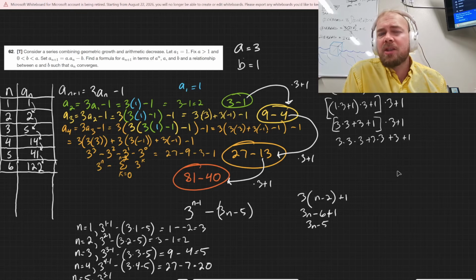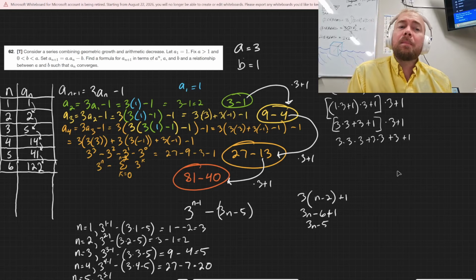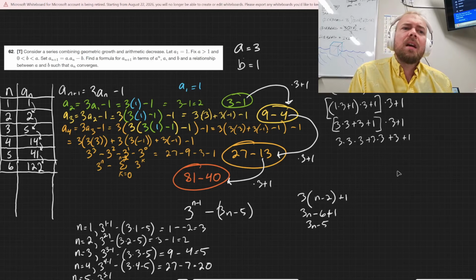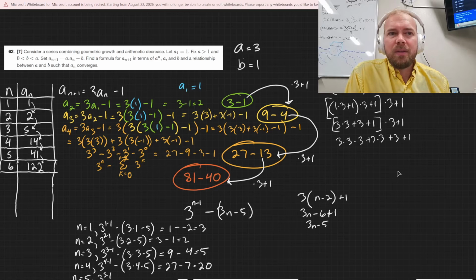The a is the geometric, whatever a is, and then the b would be the arithmetic part. That's why we're subtracting it, because it's arithmetic decrease. So we're subtracting b, geometric growth. So a has to be positive, and a has to be greater than 1, because otherwise it wouldn't be a geometric growth. So that's why they're giving us those parameters.